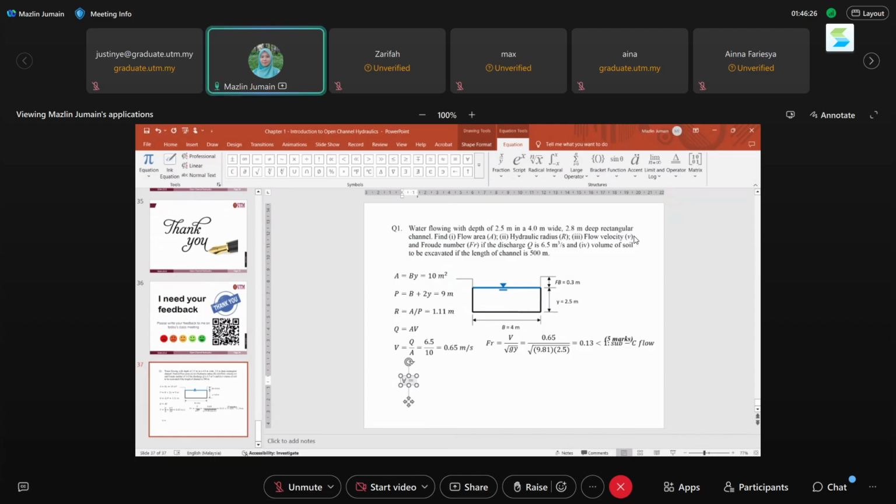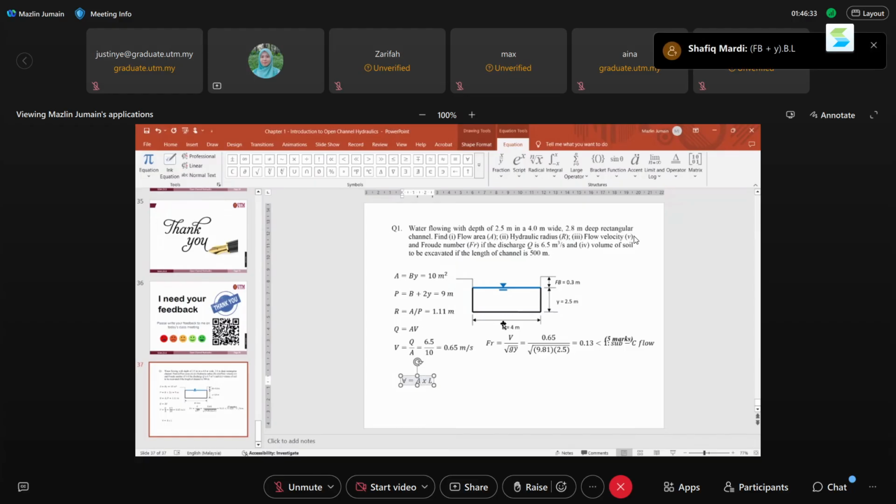Then you need to find the area, the new area, times L, right? The L given is 500.